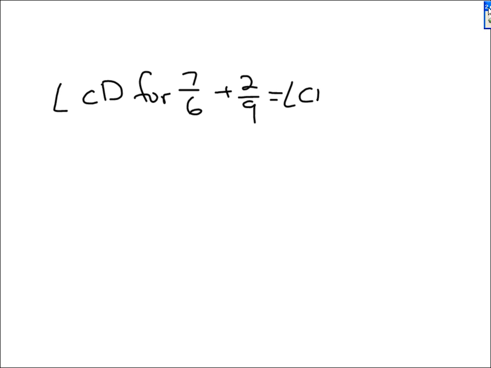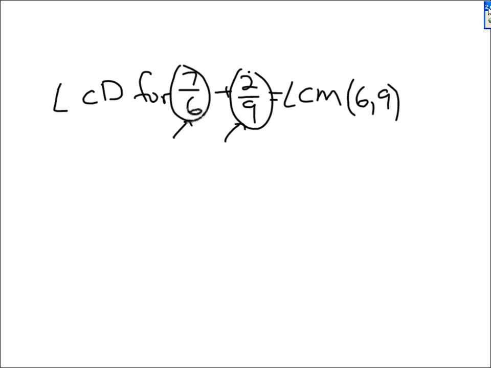If you were asked to find the LCD for, I don't know, 7 over 6 plus 2 over 9, well, that's the same as the least common multiple. Since you can't reduce this fraction or that fraction, I'll find the LCM of those two denominators, 6 and 9.